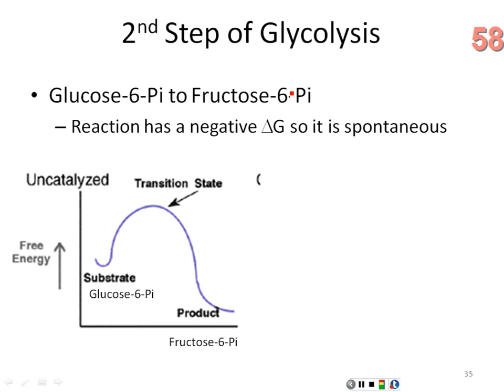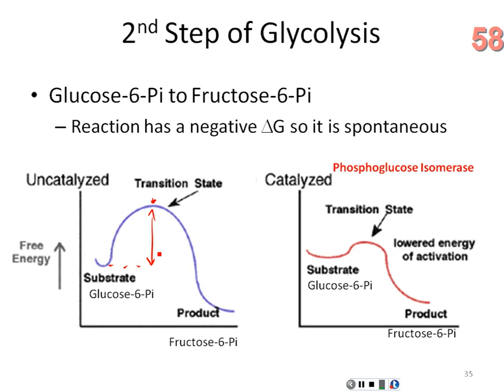If we look at the uncatalyzed reaction, we see that it has a very large activation energy because the transition state is very, very high energy. But when we catalyze this reaction with phosphoglucose isomerase, that's the enzyme that catalyzes the second step of glycolysis, we see that it lowers that transition state. It lowers the activation energy. And how does it do that? It stabilizes the transition state.